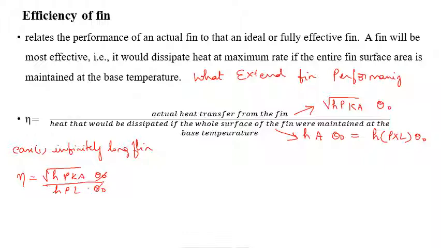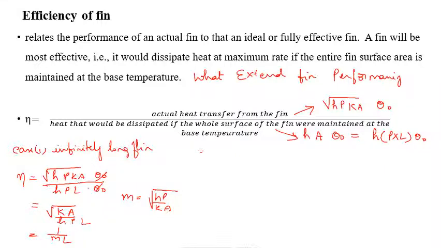So I can simplify this as the square root of kA by hP with L, or simply write this as 1 by mL. We know that m is equal to the square root of hP by kA. Since it is an inverse, I have written m in the denominator.